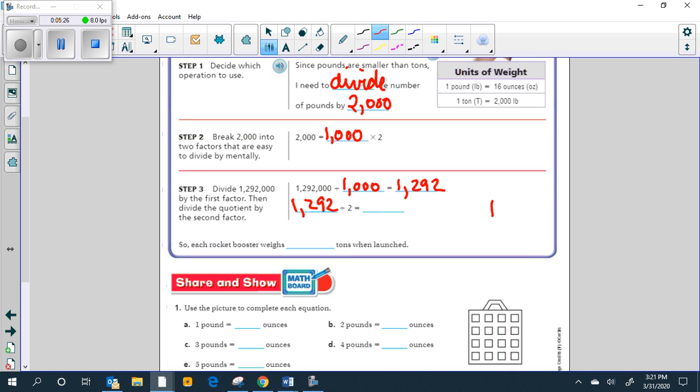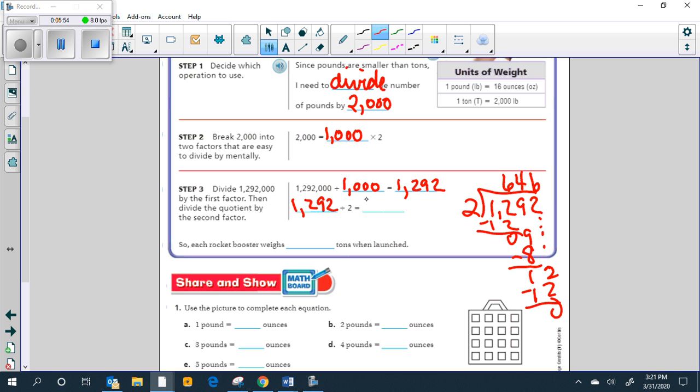some of us like to do it this way. There are 6 groups of 2 in 12. There are 4 groups of 2 in 9. And then we have 6 more groups of 2 in 12.